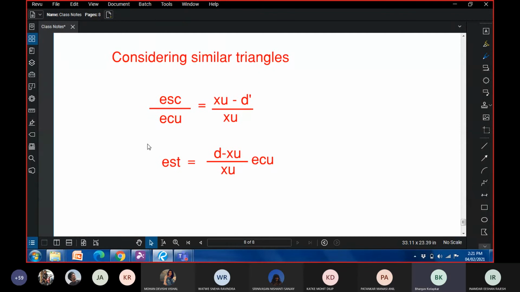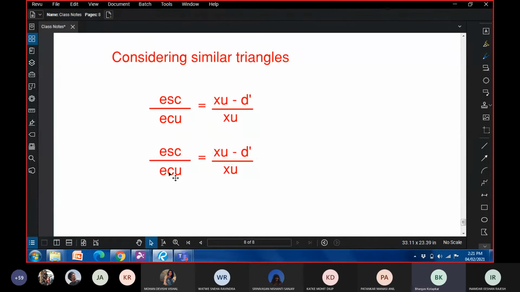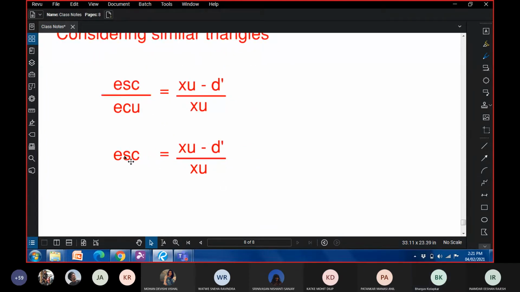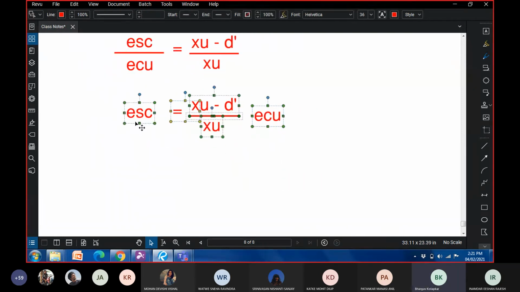Okay, which means that epsilon Sc is equal to XU minus D dash upon XU into epsilon Cu. We already know the value of epsilon Cu.